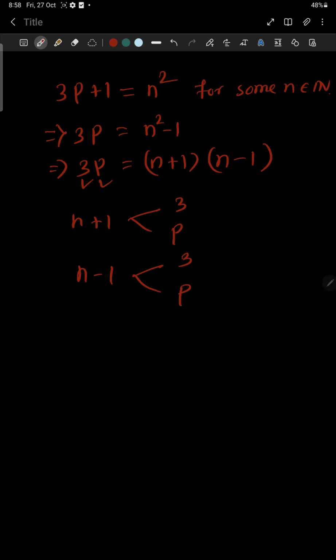Suppose that n plus 1 equal to 3. Then what will happen? It gives n equal to 2.